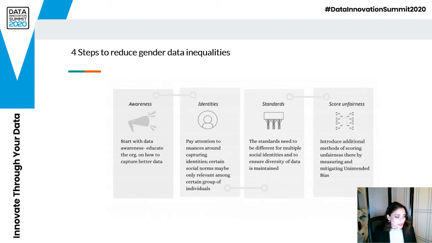Number three, maintain high standards, because these standards need to be different for multiple social identities, to ensure that the diversity of the data is maintained. And number four, score unfairness. What I mean by that is introduce additional methods of scoring unfairness, thereby not just measuring, but also mitigating this unintended bias that might come about from these machine learning algorithms.